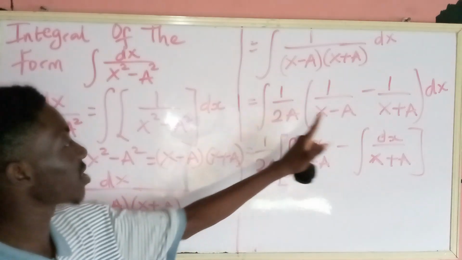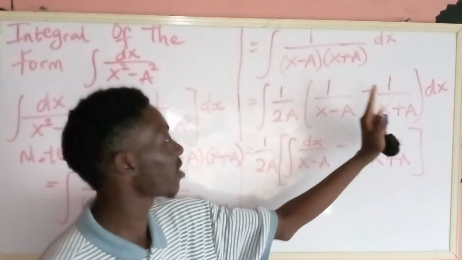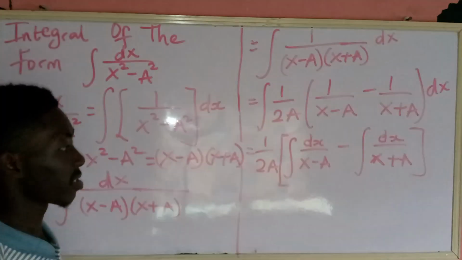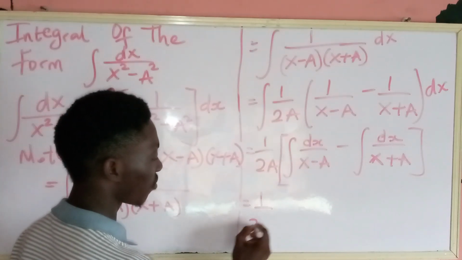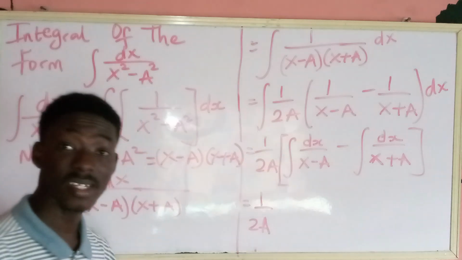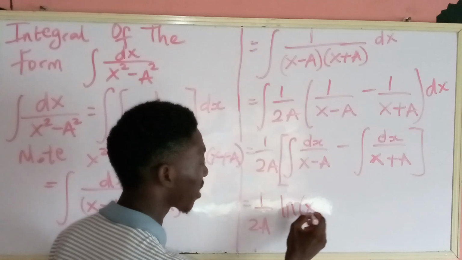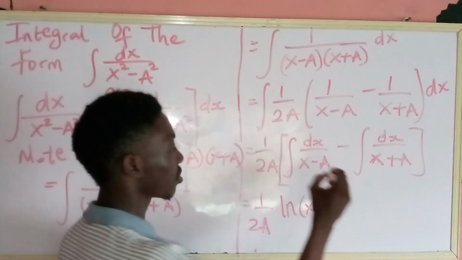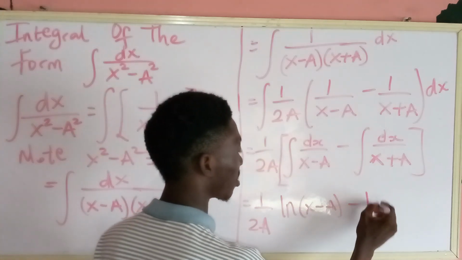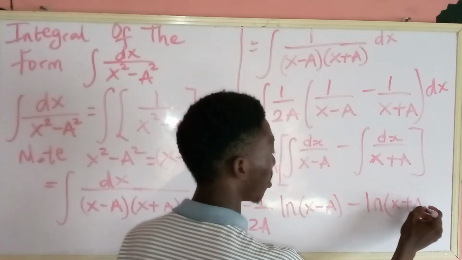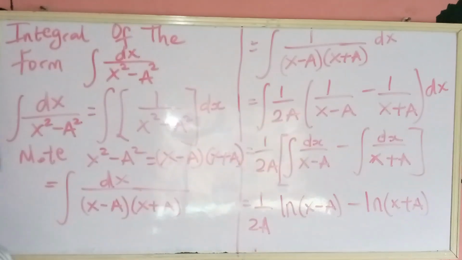So I just brought the integral here and the dx here, the integral for this and the dx here. Then finally my answer will be 1 over 2a. What is the integral of 1 over x minus a? That is the natural logarithm of x minus a. Also here, the integral of this is the natural logarithm of x plus a.